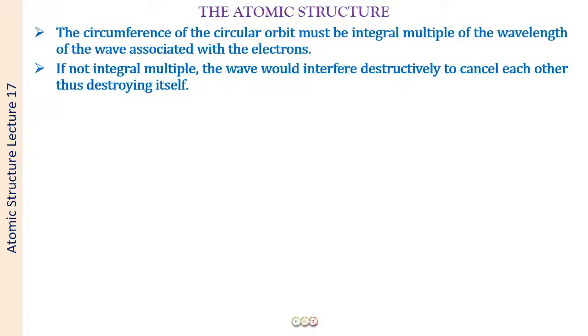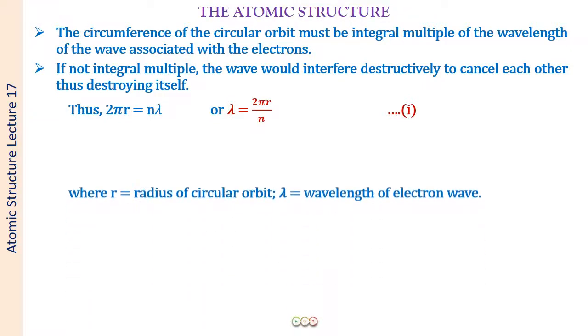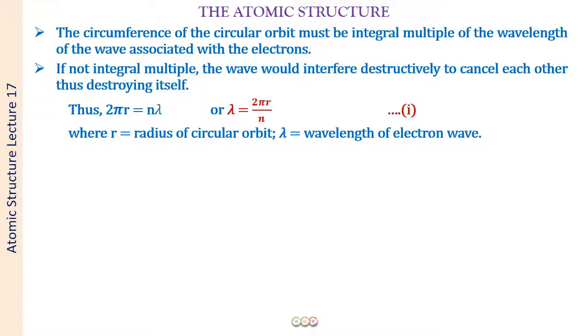I hope this is clear, because it is very important to understand all the concepts very well. So we have 2 pi r is equal to n lambda, or lambda is equal to 2 pi r over n, where r is the radius of the circular orbit and lambda is the wavelength of the electron wave.